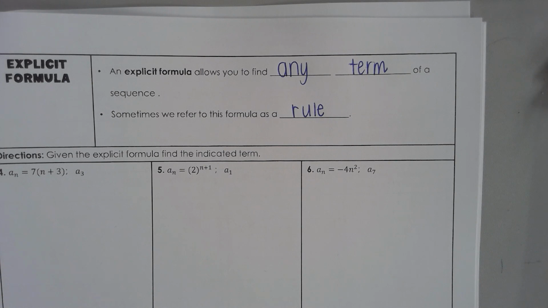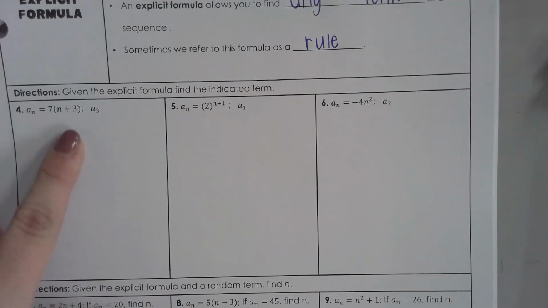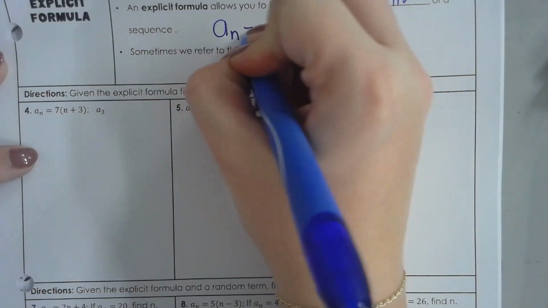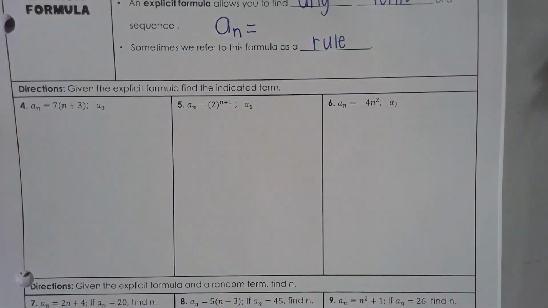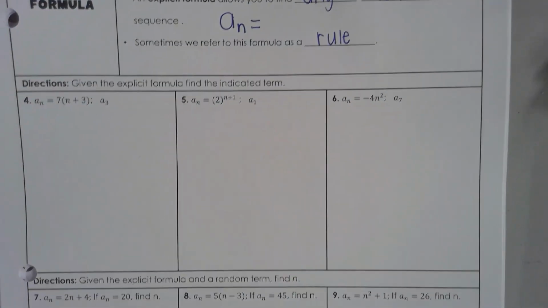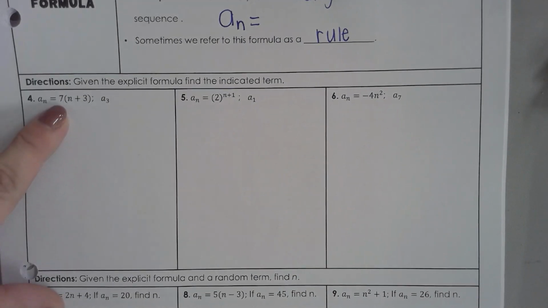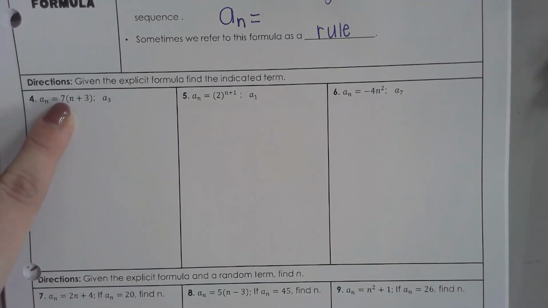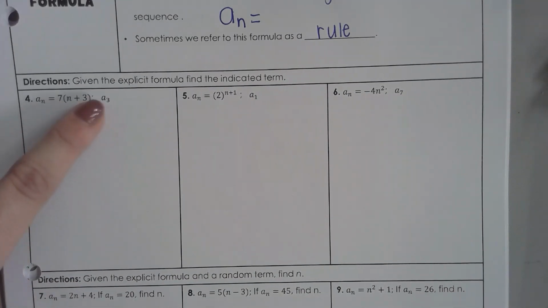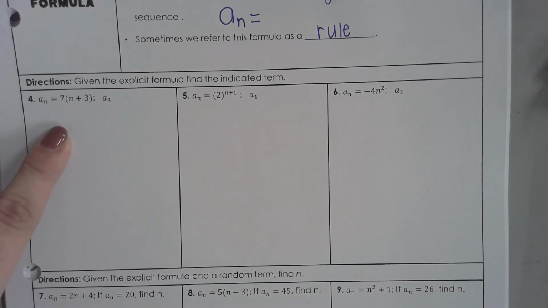But in number 4, I'm telling you, now your formula will always be like AN equals something. AN just means any term in the sequence that comes from that formula. So number 4, I have AN equals 7 times n plus 3. That's the formula. I could find any term I wanted.